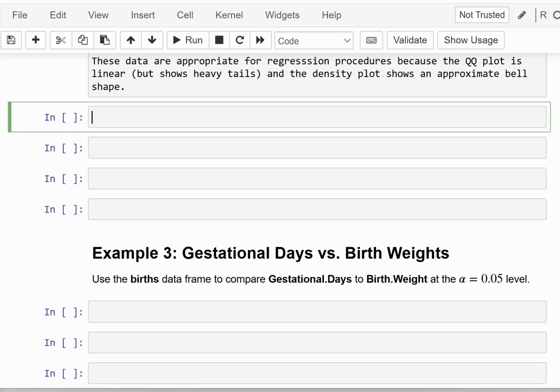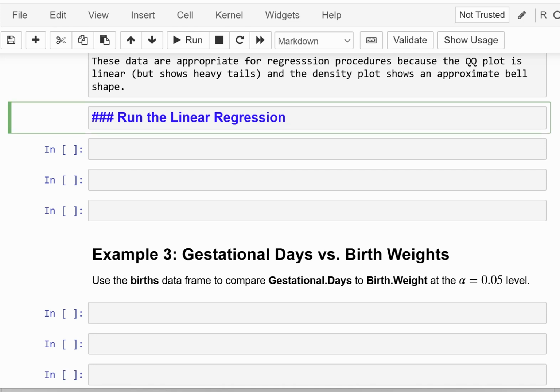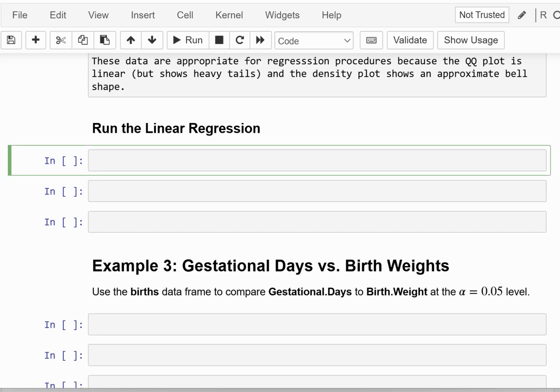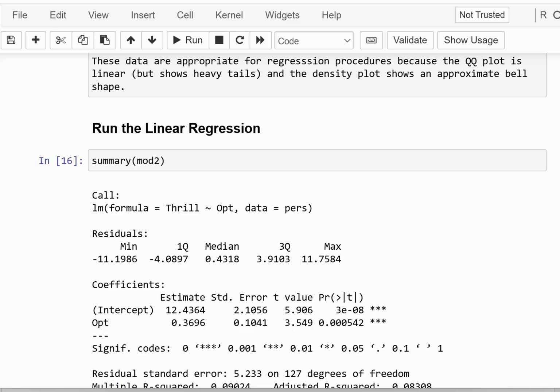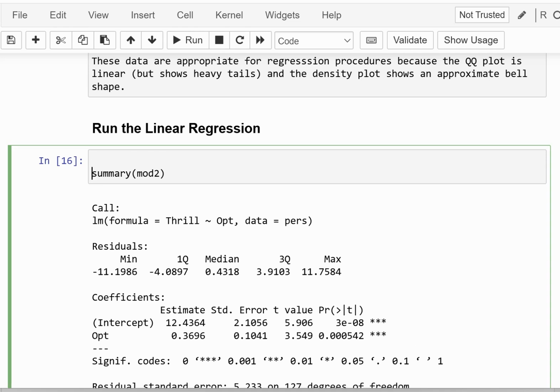Let me add a couple more spaces in here. Why? Because now we're going to run this regression, and it's a linear regression. And what do we do to run the regression? What we want to do is summary of mod 2, which prints out everything. But what I tend to add in is the cat, r equals, and I want to know this value.